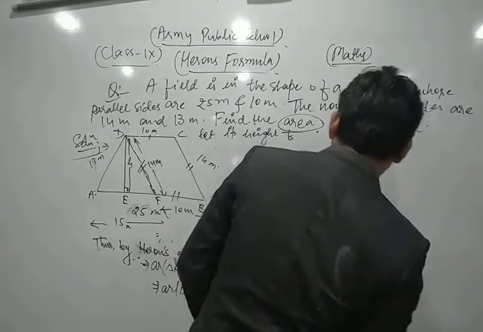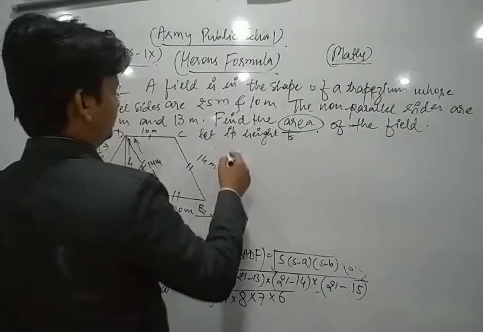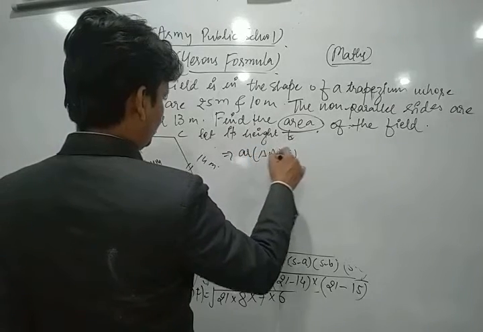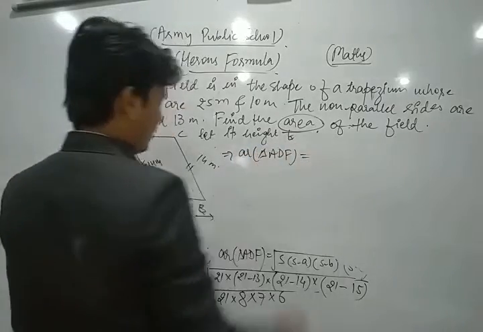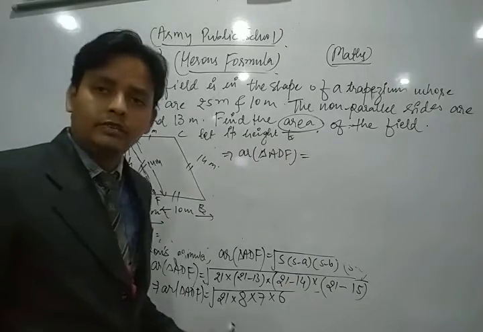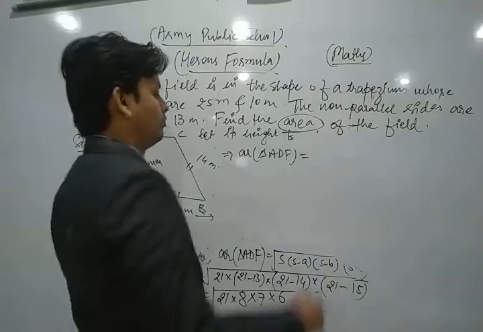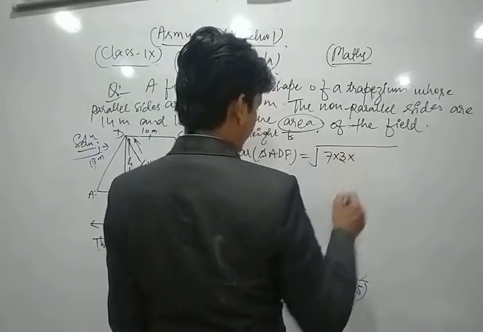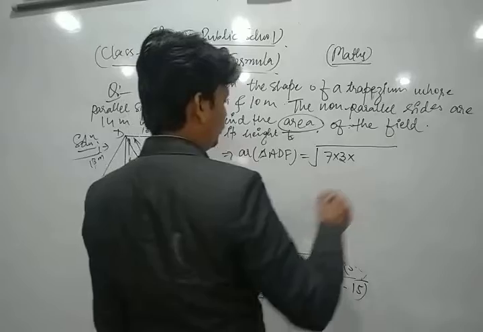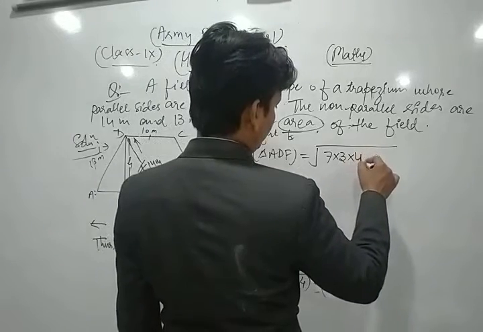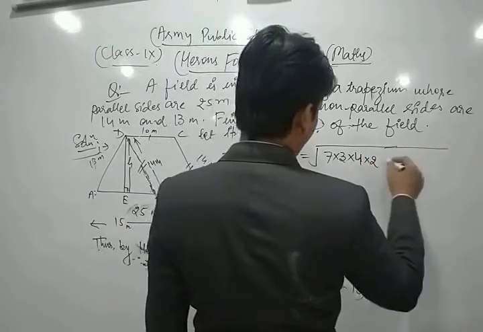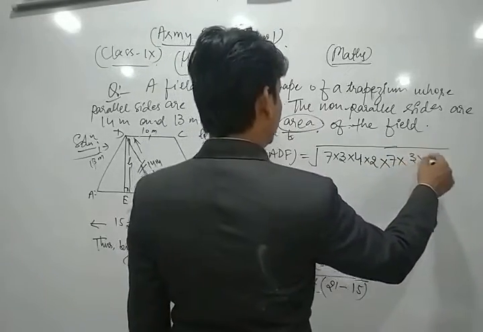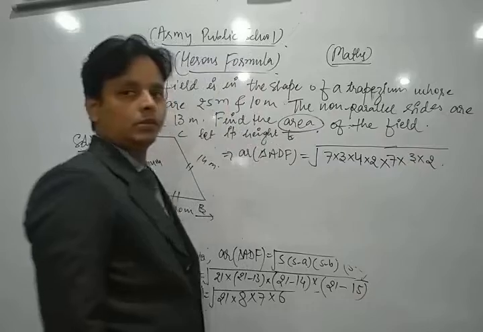Now look, area of triangle ADF is equal to square root of 21, we can write 7 into 3, into 8, we can write 4 into 2, 7 written as it is, 6 we can write 3 into 2.